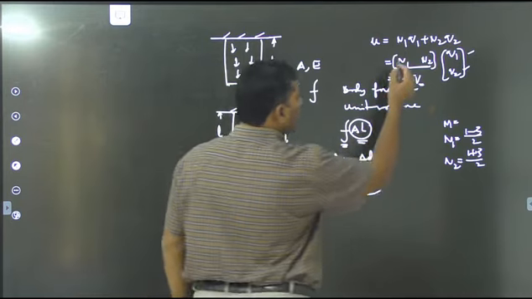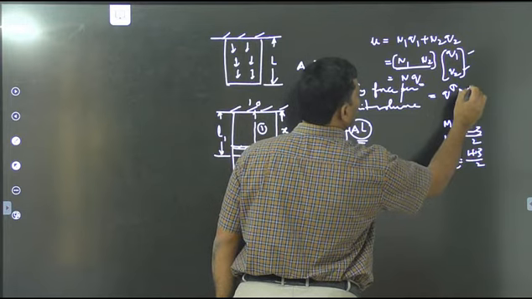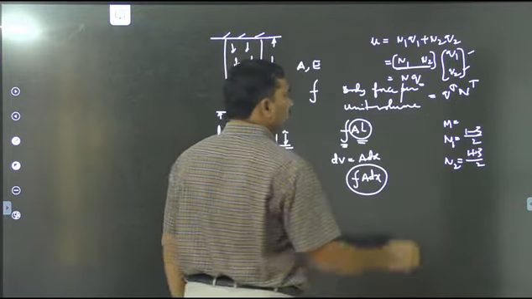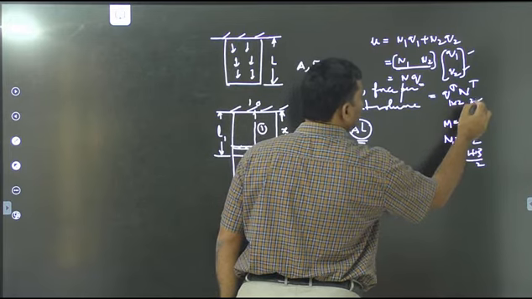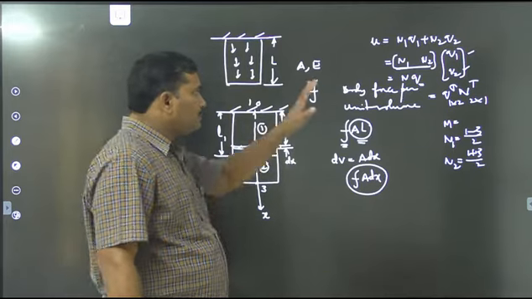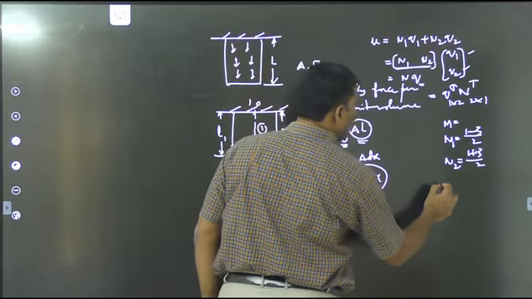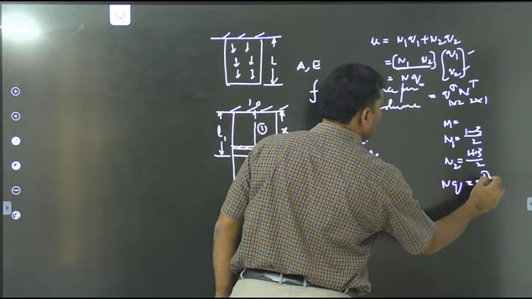We can also write this N Q as Q transpose into N transpose, because the size of Q transpose is 1 by 2 and the size of N transpose is 2 by 1. You get 1 by 1. In this particular case, you can write N Q as Q transpose into N transpose.